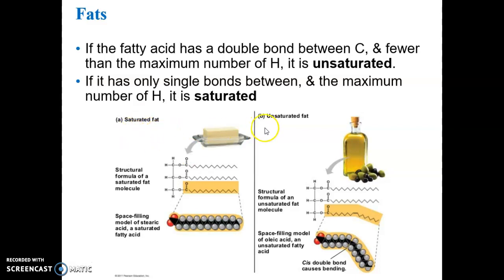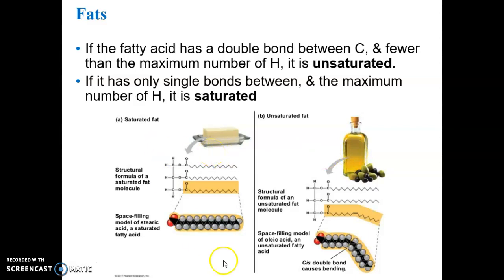And at room temperature, the unsaturated fats tend to be liquid because the double bonds form bends or kinks in the fatty acid tails, causing these triglycerides not to pack up so tightly together, causing it to remain a liquid at room temperature.